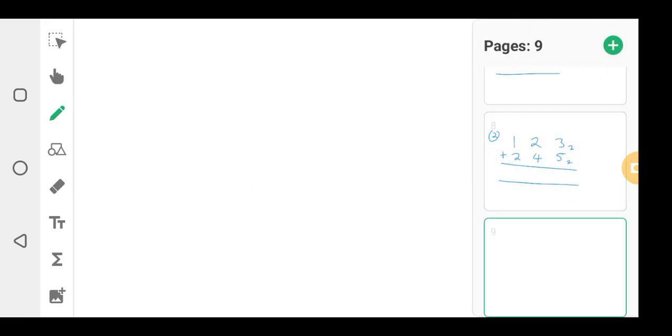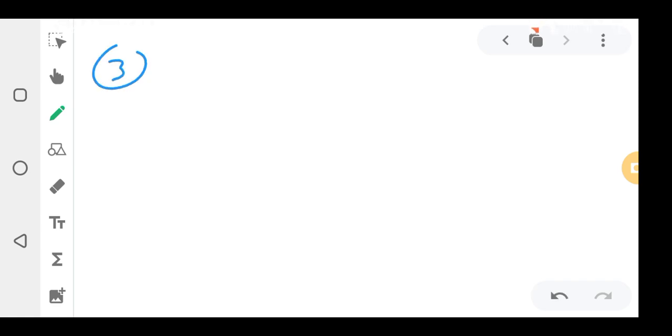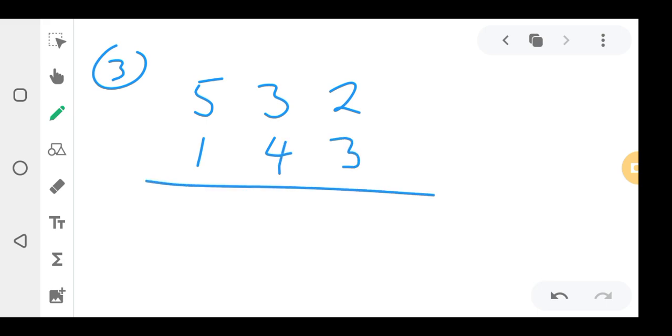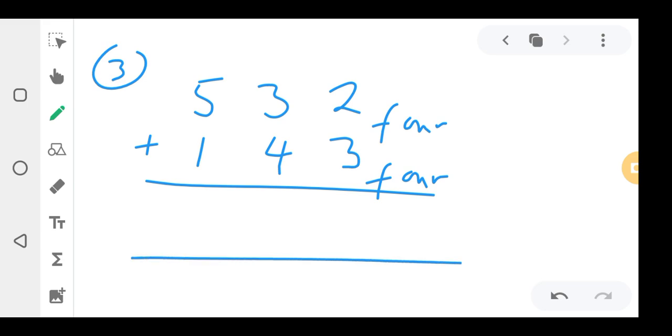And then question 3, I can say 5, 3, 2, and then 1, 4, 3, base 4. This one is also in base 4. You are adding this. I want to give you 4 questions.